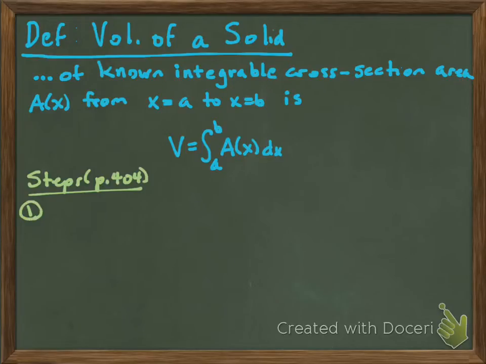All right, so step 1. And obviously, these are the steps. This is what I should see on every problem you do for your homework, for a test, whatever. Okay? So step 1 will be to sketch the solid, and a typical cross section.